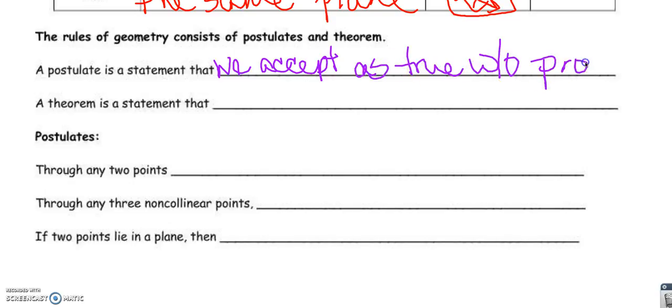You don't have to show it, you just tell me. A theorem is a statement that can be proven. I can go through steps of, well, if this happens, then this, or since this, then this, or this is going to happen because. Okay, so a theorem can be proven. A postulate, we accept it as true without a proof.